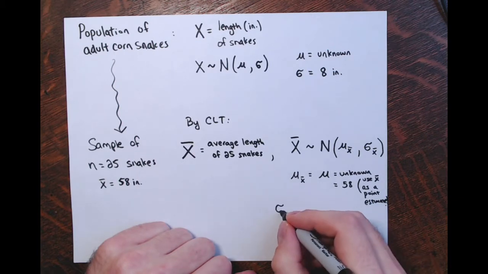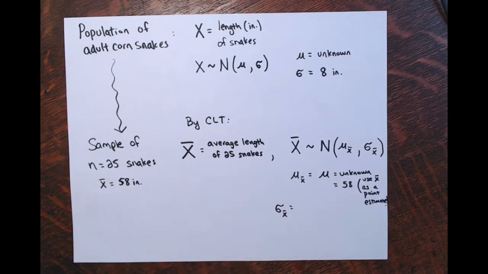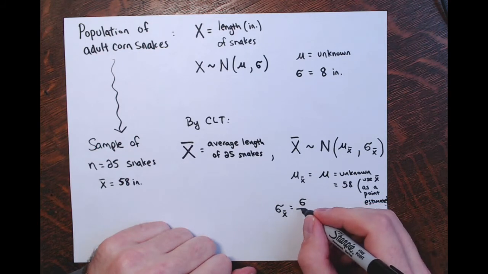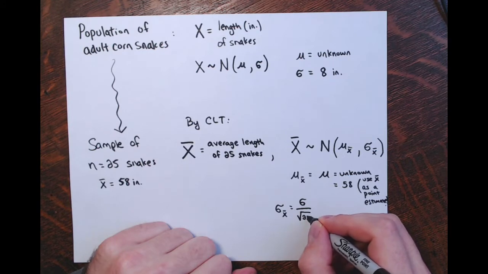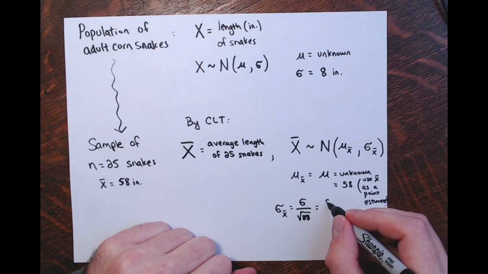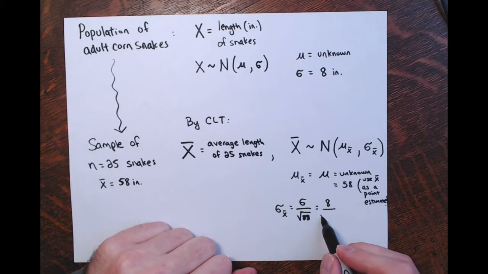And the standard deviation of all these x bars, these average lengths for groups of 25 snakes, is the standard deviation of the population divided by the square root of the sample size, n. And we know the standard deviation of the population, that was 8 inches, divided by the square root of the sample size.